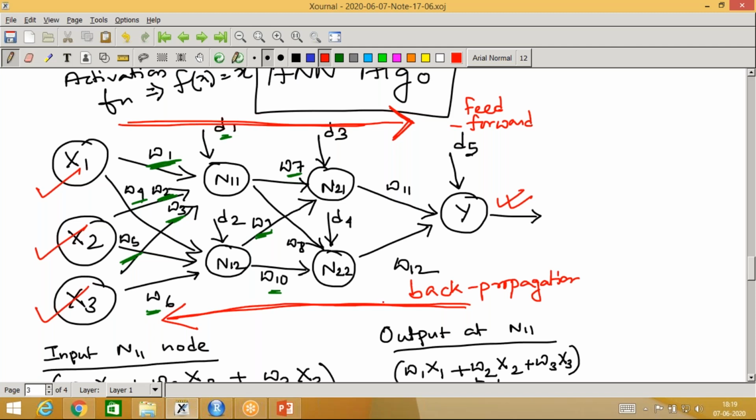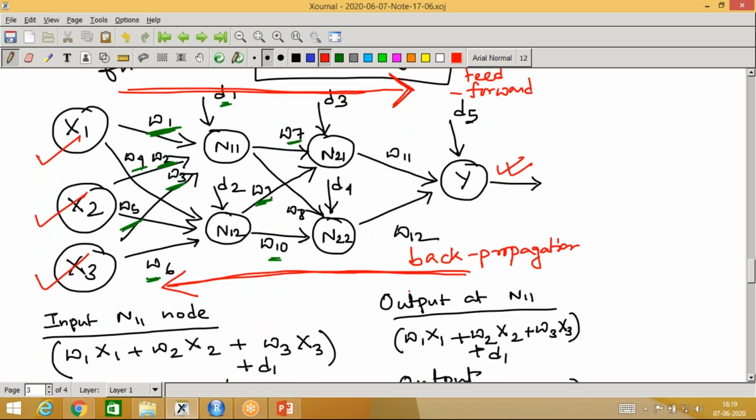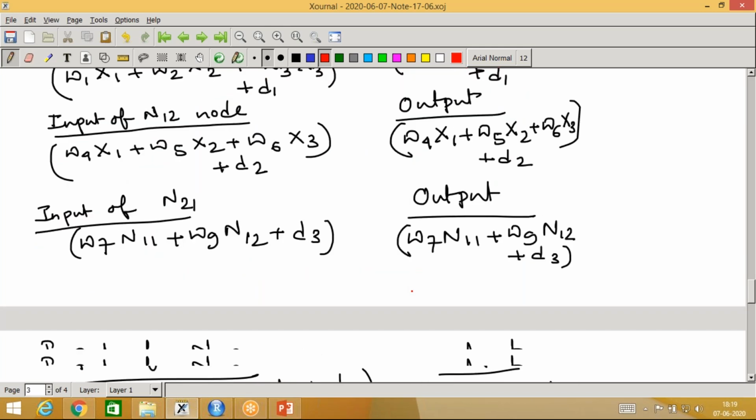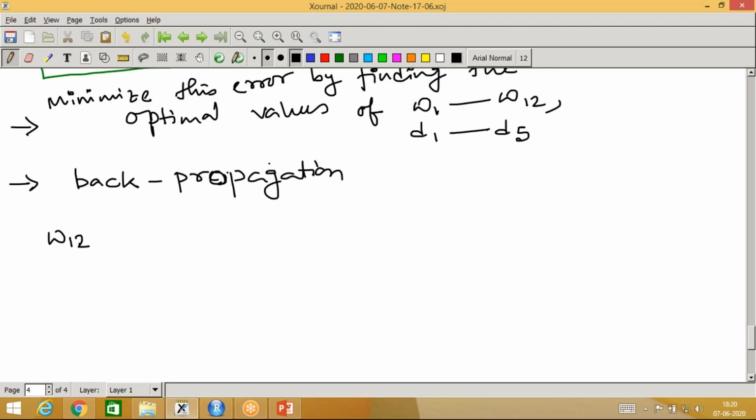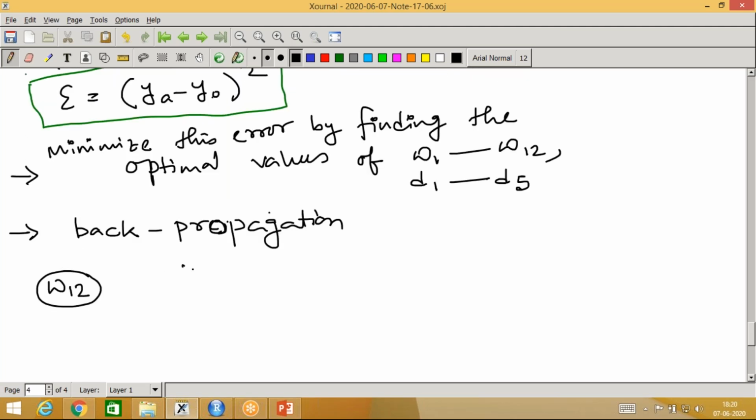So how will I optimize? Just check. What do I have to reduce? I will first optimize for W12, which is the closest to my Y0. What is my Y0?